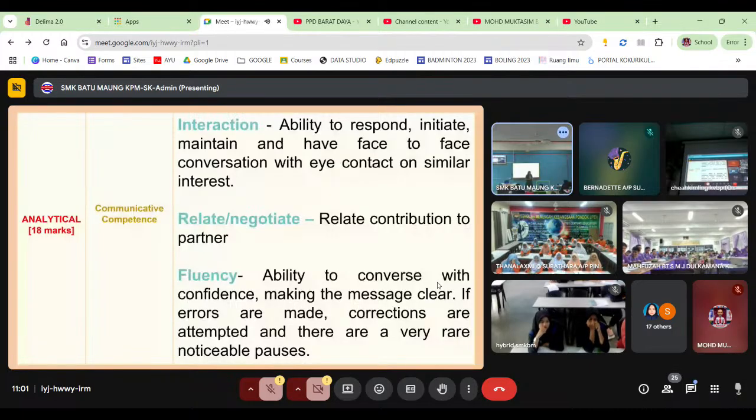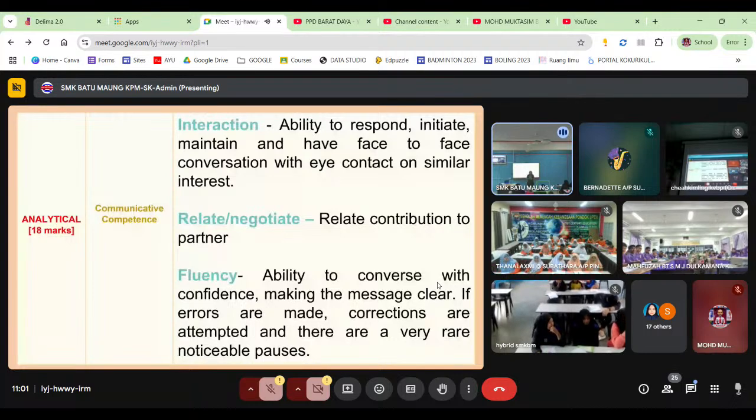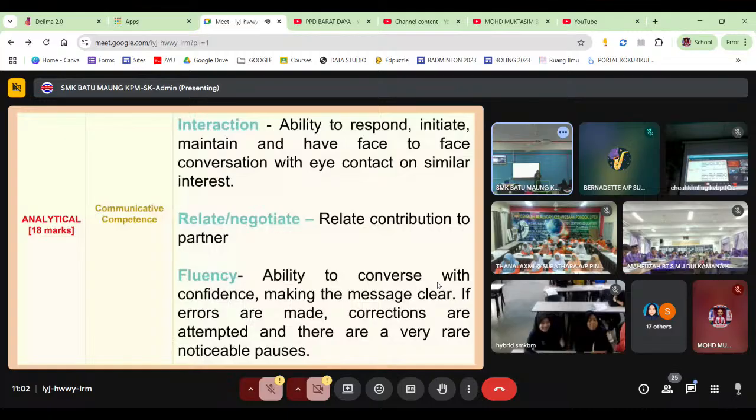Try to use fillers. Maybe you can write it down. Try to use fillers like: well, you know, let me see, let me think. These are the fillers that you can use to fill in the pauses so that your conversation sounds more natural.